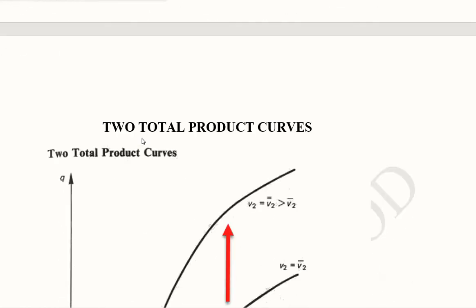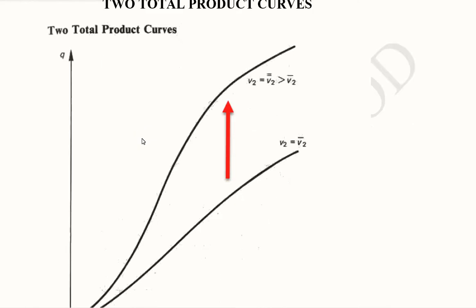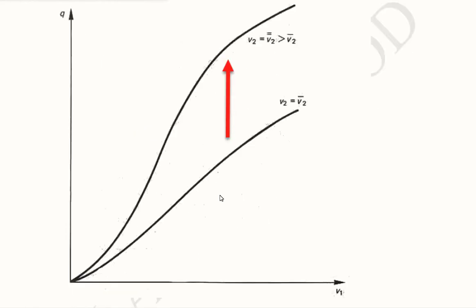Now we have another possibility of the product curves, and in this one we are trying to consider the second factor of production, that is V2. But since we are making a 2D diagram, this variable will not look like a z-axis, it will be a little different.